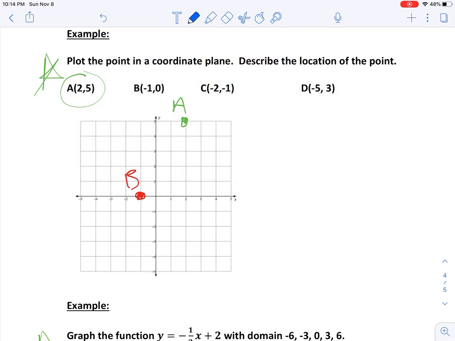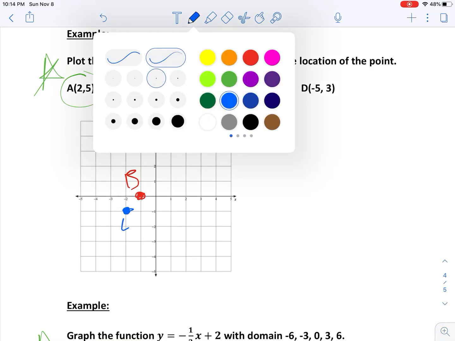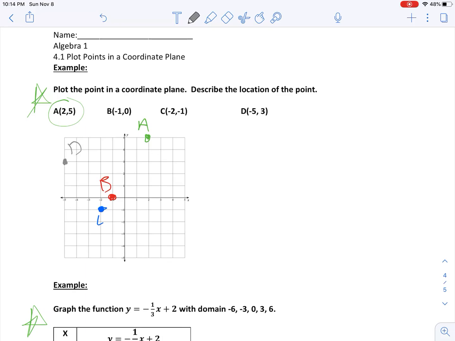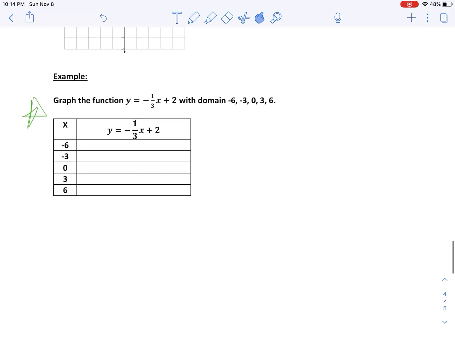Now C is at -2, -1. And then lastly, D is at -5, 3. All right, so hopefully there were no issues there.